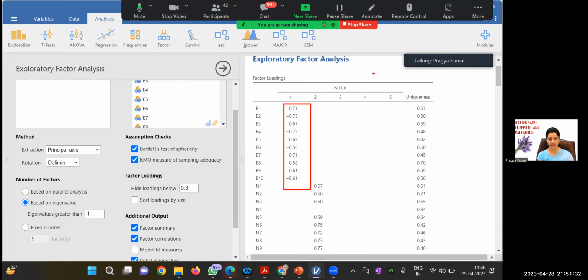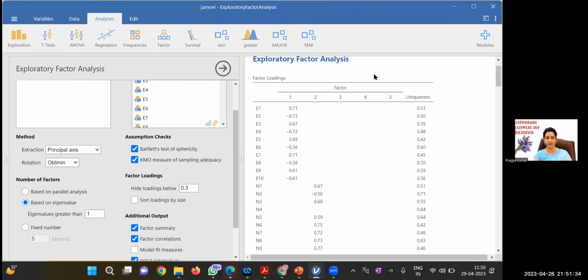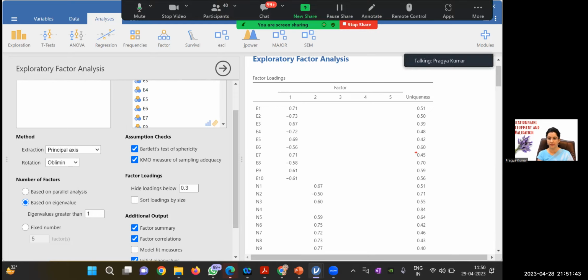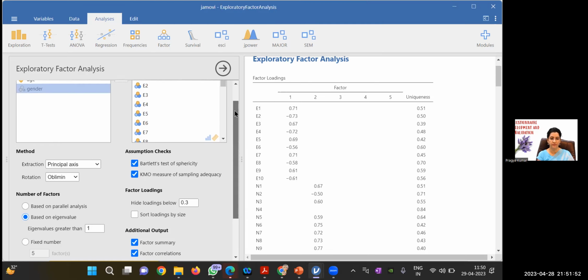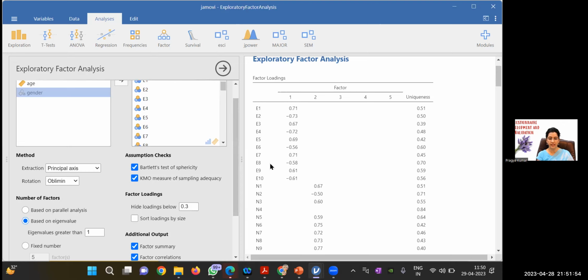Like there are some items, if you see this one, E8. Can you see this E8? This is 70. So if I remove this E8, what will happen? This E8 has very low correlation, and this E6 also.